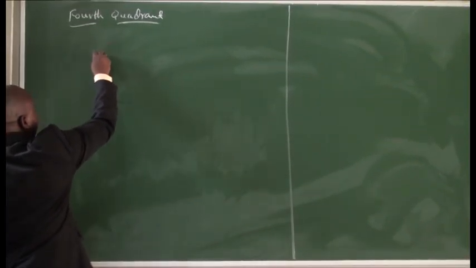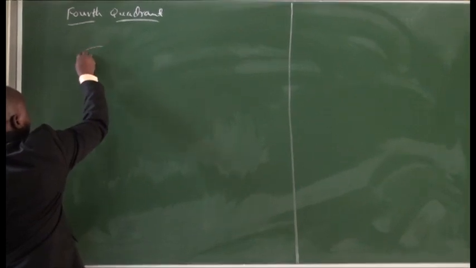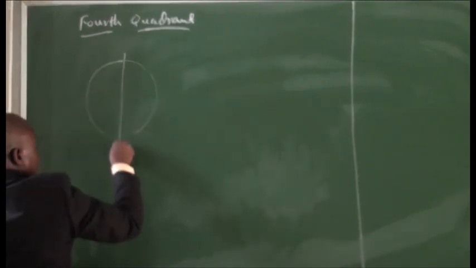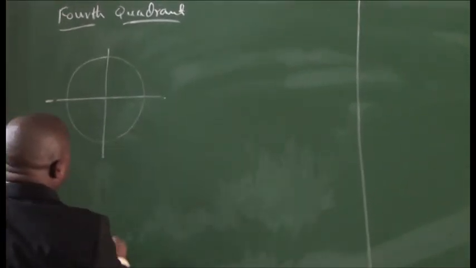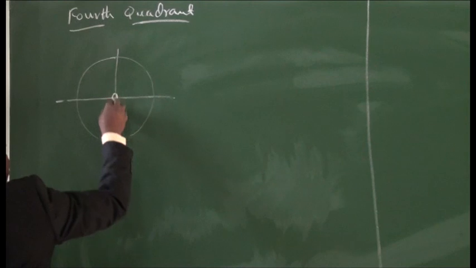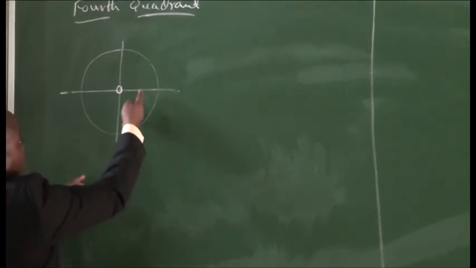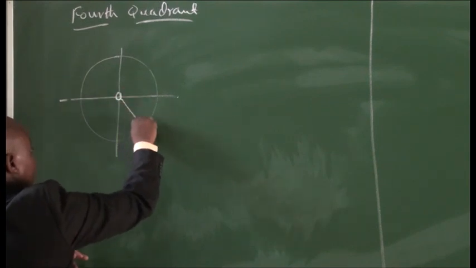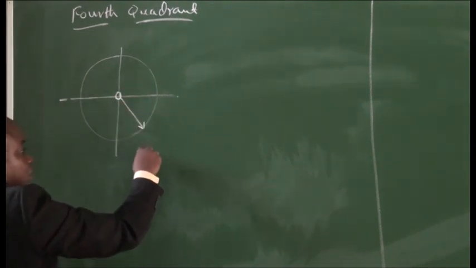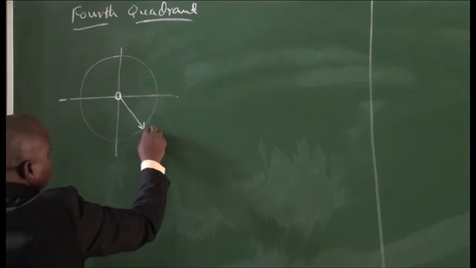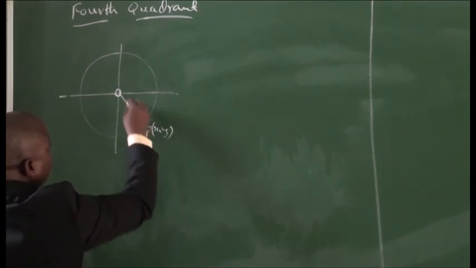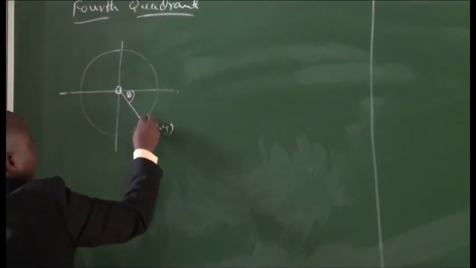Now, we consider the diagram. Suppose the line OP rotates up to the fourth quadrant, so that we have the point here on xy, and then this is theta.